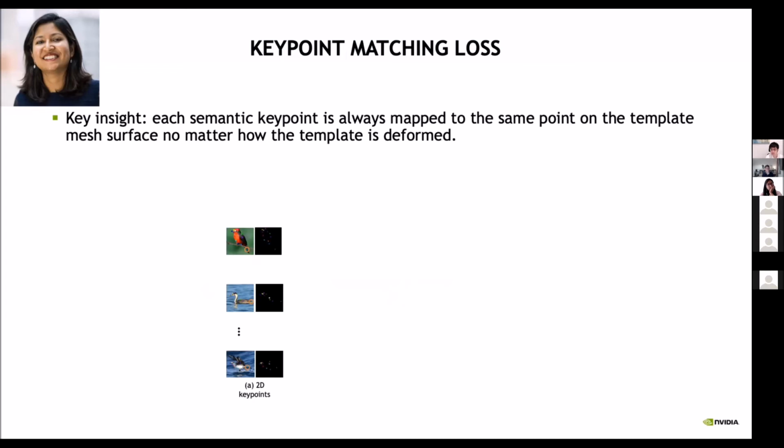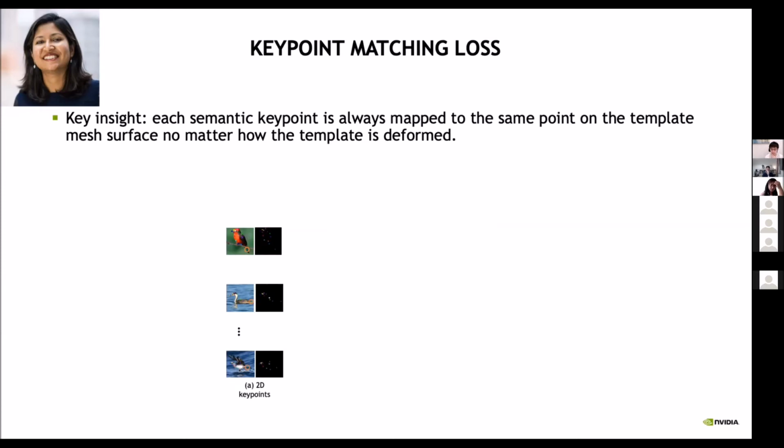The key insight that we use to find the corresponding 3D key points is the fact that each semantic key point is always mapped to the same point on the template mesh's surface, no matter how the template is deformed, which is the same idea that we used previously to solve the camera viewpoint and shape ambiguity in the self-supervised single view reconstruction work.